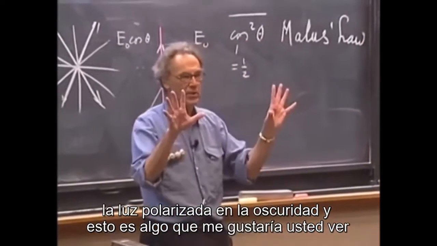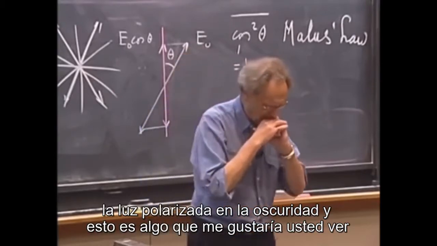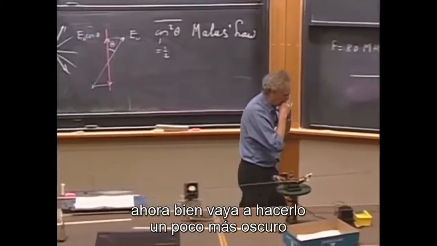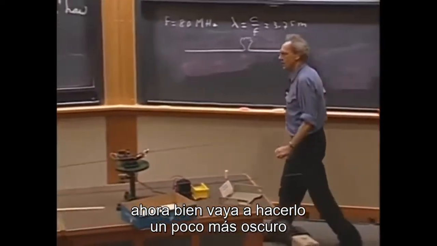So crossed polarizers will turn unpolarized light into darkness. And that's something that I would like you to see now. Well, let's make it a little darker.